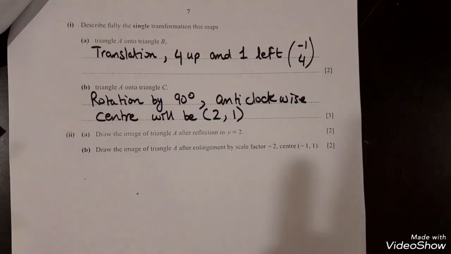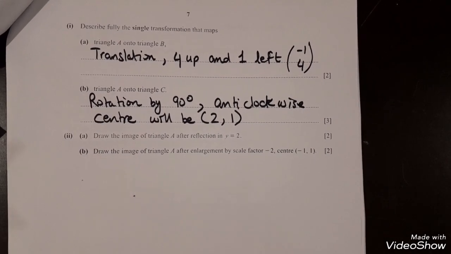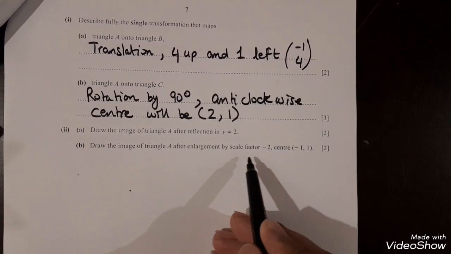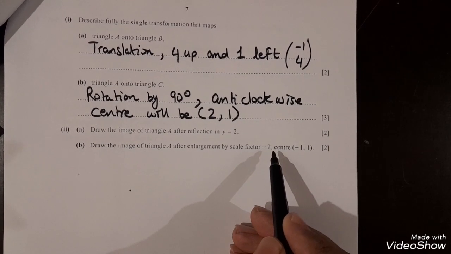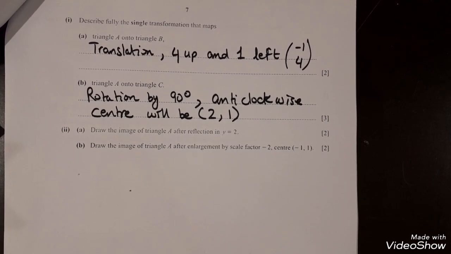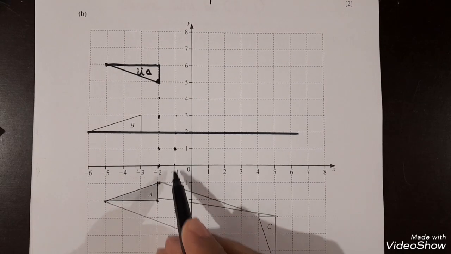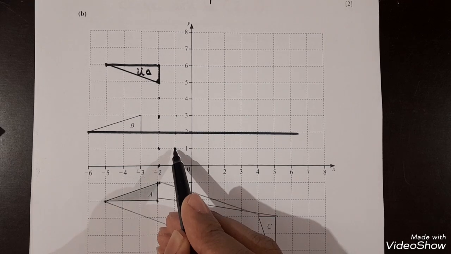Then part B states, draw the triangle A after the enlargement by scale factor -2, center -1 and 1. So what we will do, by the center of -1 and 1, over here it is 2, then we will multiply this by -2.